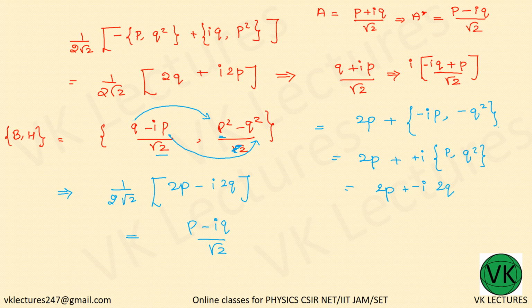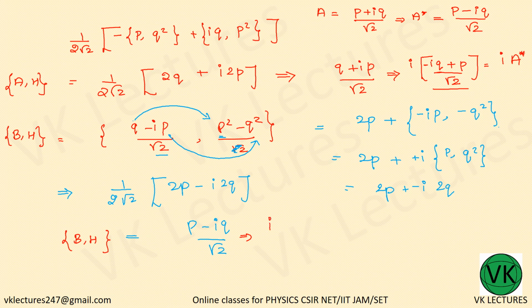And this is A comma H. A comma H is nothing but I, and this term is A star, so A comma H is I A star, while we have got this as B comma H. This is B comma H equal to this one, and taking the I outside, let's see what happens.